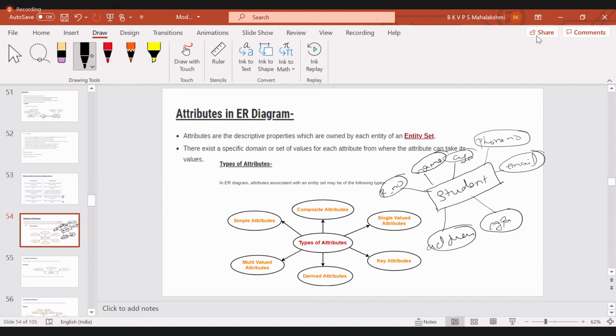Okay, if an attribute has unique values, then you can say that it is an important one, because if you know the roll number, then you can get a particular student's details also. But if you know their name, then you cannot even identify the details, right? Suppose two persons have the same name within your class.